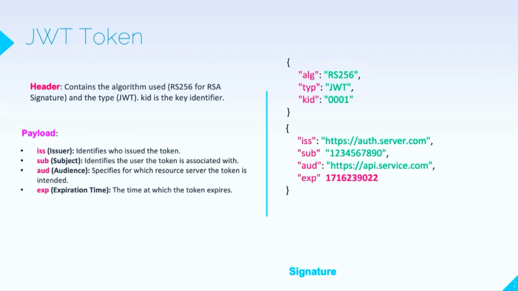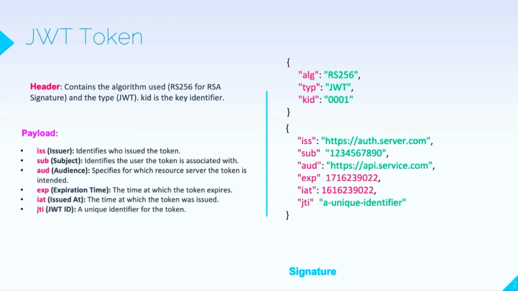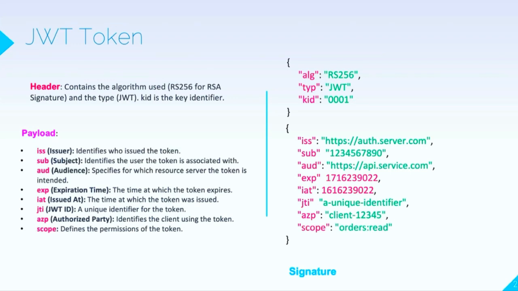Times in JWT tokens are usually in numeric date formats. Issued at, the time when the token was issued, and JWT ID, a unique identifier for the token. Authorized party, the party or OAuth 2 client to which the token was issued. Scope, the permissions, resources, and actions associated with the token, like orders read.